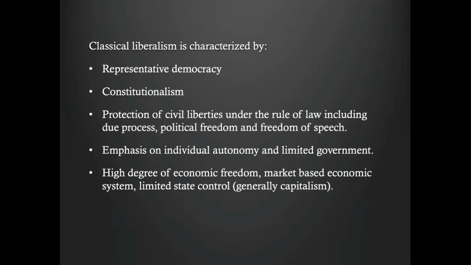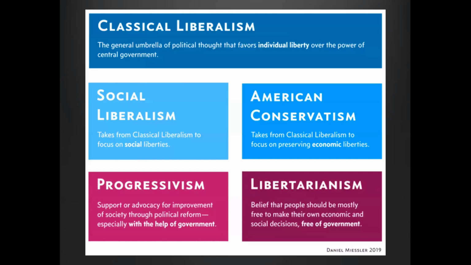And so if we think about modernity and the progeny of classical liberalism, and we can think about American political culture, well, you have the right and left in the United States, and again, both fall under the umbrella of classical liberalism.